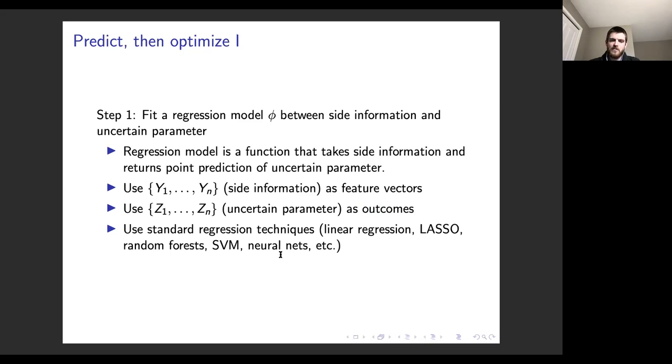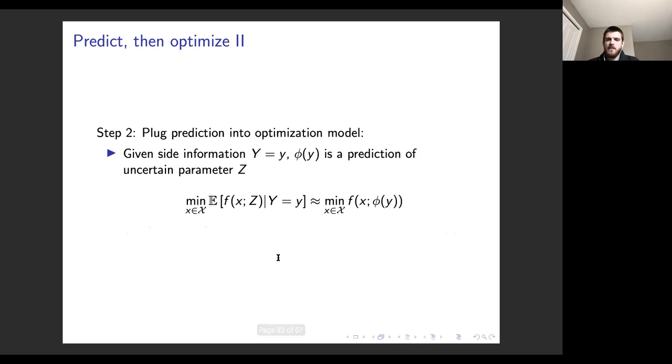And now you have a regression model that gives you a point prediction for each value of your side information. So we're going to use the notation phi to be my regression model. And so phi of y is a point prediction for my uncertain parameter. And then I just plug that into my optimization model and I solve.